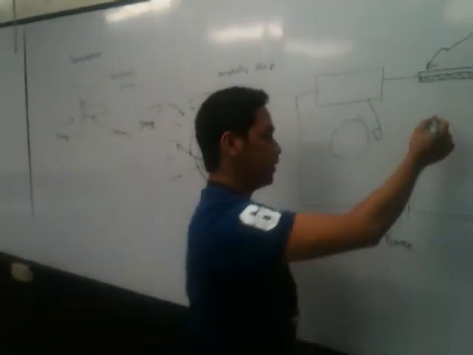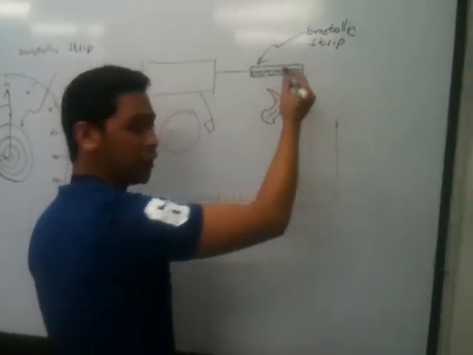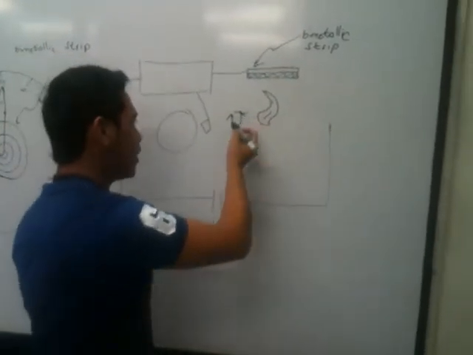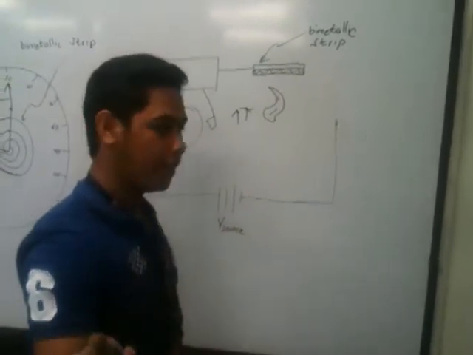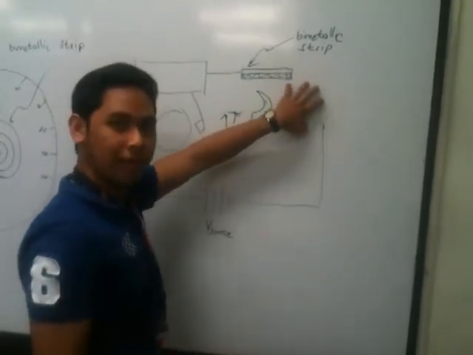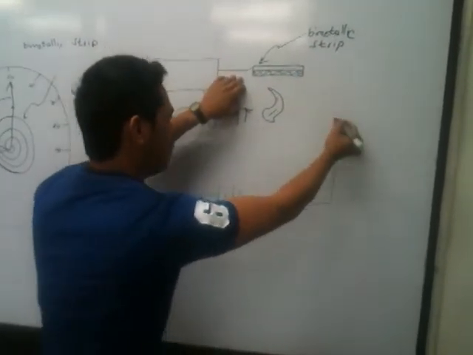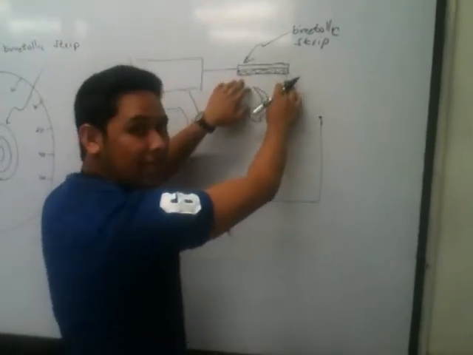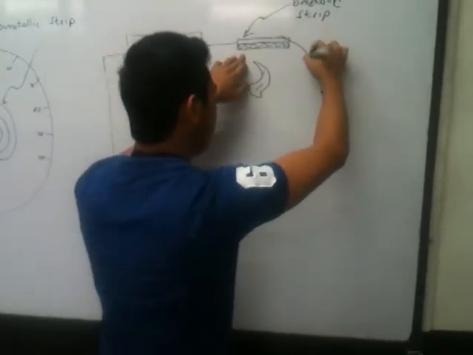When there is a fire, the temperature will rise, and because of the rise in temperature, the bimetallic strip will expand. We see here that when there is no increase in temperature, the bimetallic strip at this point is not connected. But when there is a fire, this bimetallic strip will expand and bend going here.